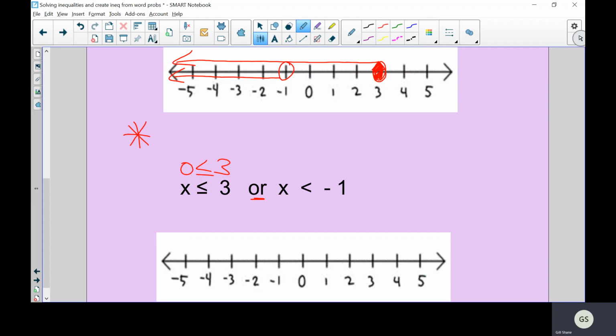So now you just look, and this is again for an or statement. Where is the section where I didn't shade at all? Like there's no line above or below the graph. Yeah, to the right of the 3, right? That's the only section that has no shading. If that's the only section that has no shading, everything else is part of our solution, because that means there's at least one shaded line. 3 is included because it's circled in, so that's included.